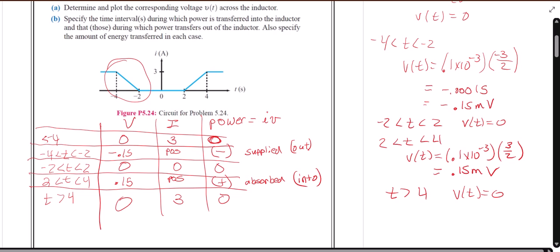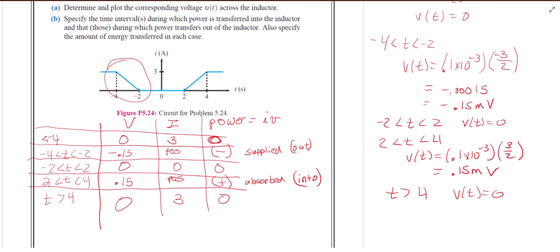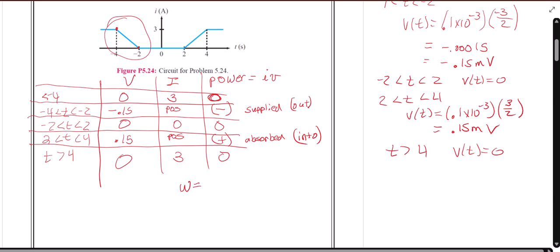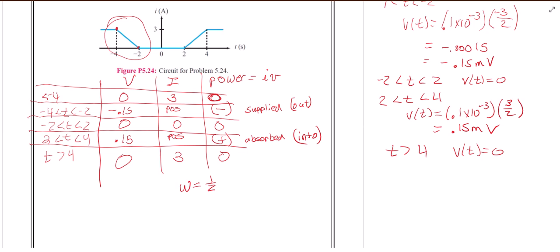So let's figure out the amount of energy that is stored in the inductor at -4 and the amount of energy that's stored in the inductor at -2, and the difference between those two is how much was transferred out. So we know that energy equals 1/2 L i squared.